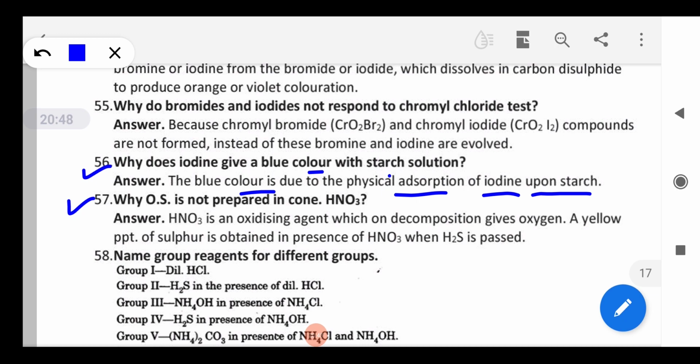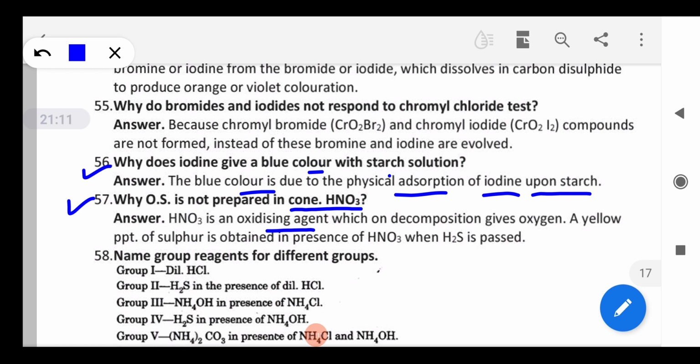Why is the original solution not prepared in concentrated HNO3? You must be remembering that to prepare the original solution, we take the salt and dissolve it first in cold water. If it is not soluble, then we take hot water. If it is not soluble, then we take dilute HCl. But we never use concentrated HNO3 because it is an oxidizing agent.